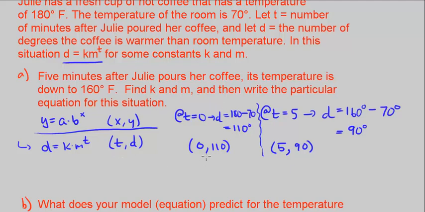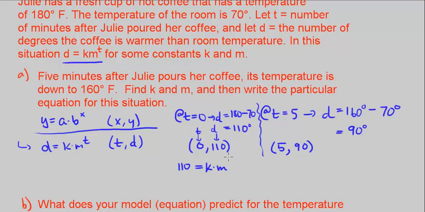So let's go ahead and do that. This one gives us the equation, just plugging the values in. Here we have 110 is d, right? Because this is t comma d. So this right here is t, and this right here is d. So plugging them into this equation, we have d, which is 110, equals K times m to the power of t.